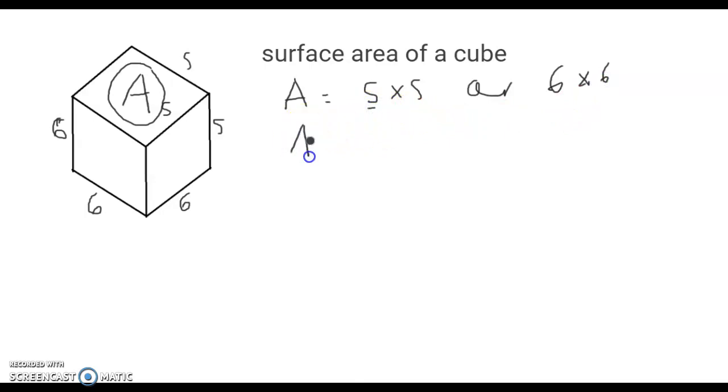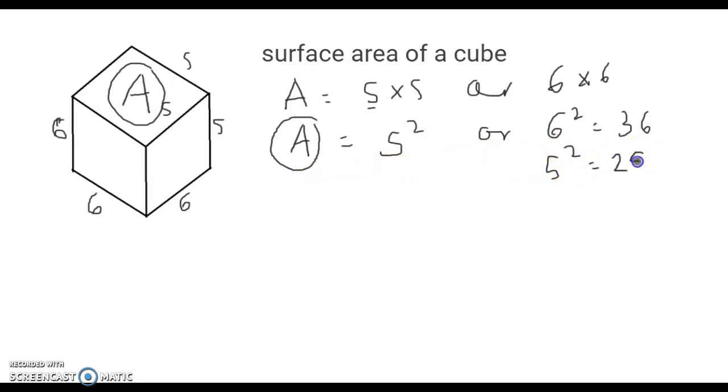So the area of this surface is equal to S square or 6 square, which is 36. Suppose the side of a cube is 5, then the area will become 5 square, which is equal to 25.